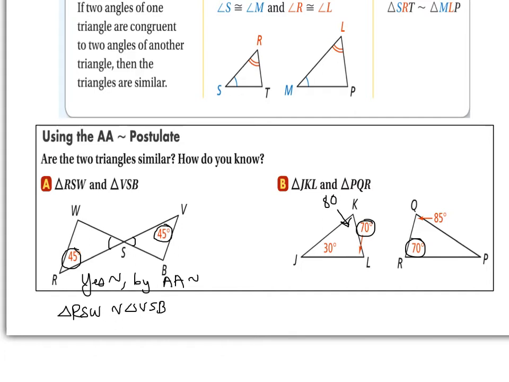And if I have 70 and 85, that's 155, which means this bottom angle down here is 25. Now, as you look at the angles, do I have any other pairs of angles that are congruent to each other? No, I don't. So these two are not similar. We don't have enough information there to show that they are similar.